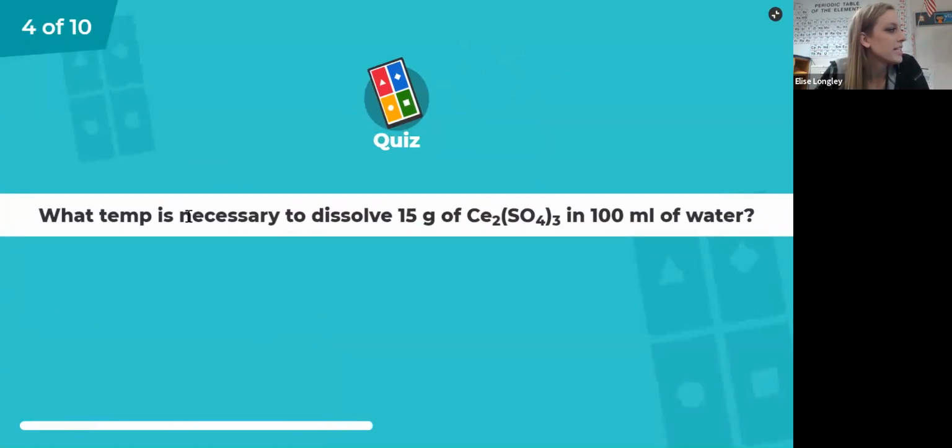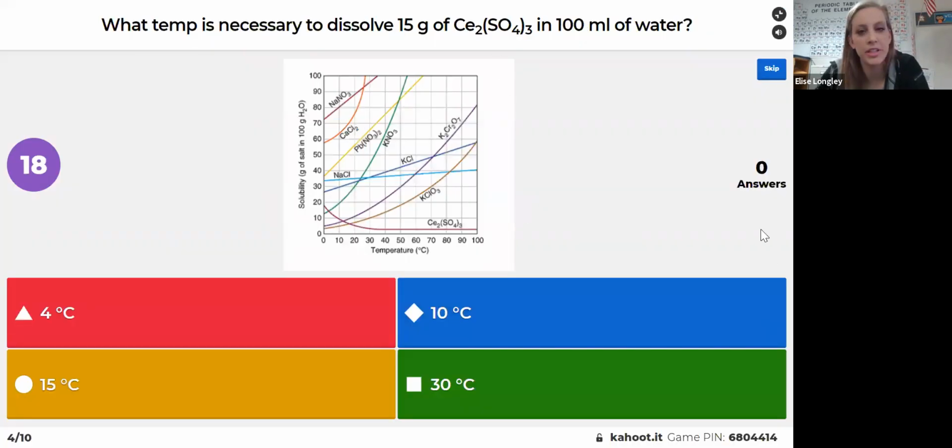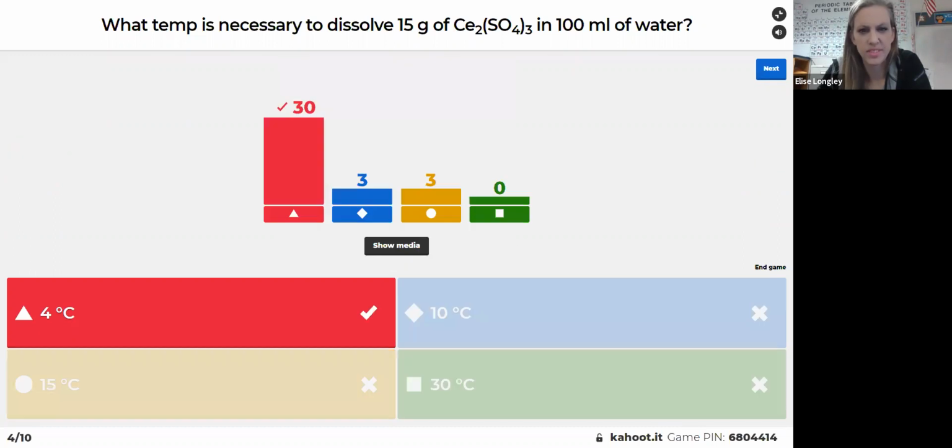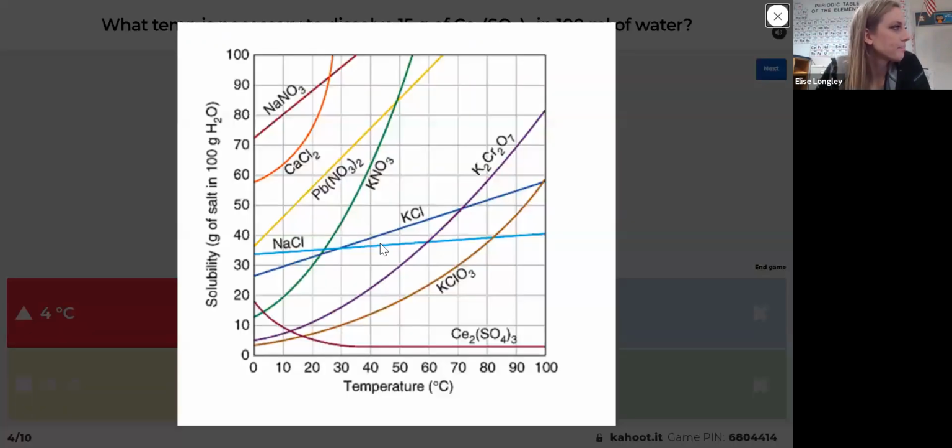What temperature is necessary to dissolve 15 grams of cesium sulfate in 100 milliliters of water? Okay, so 4 degrees Celsius.